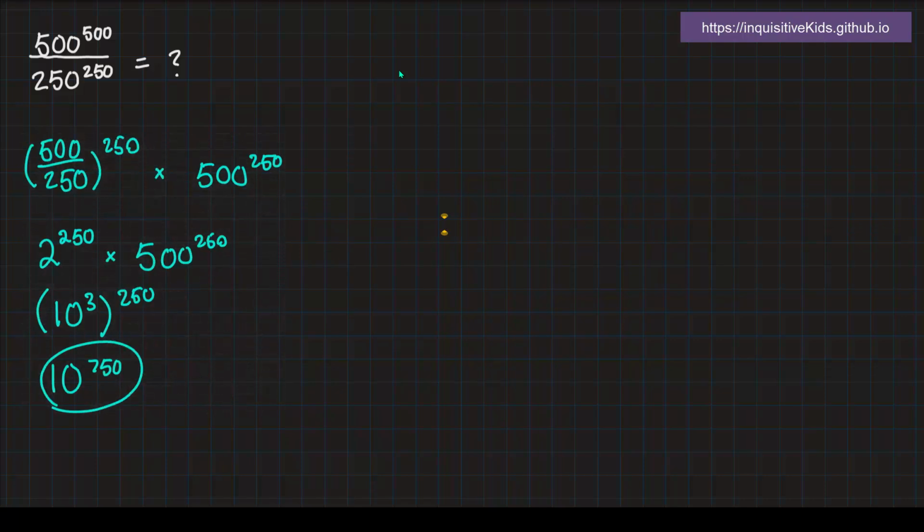I saw that this was a fraction. One way to simplify fractions is to make it a simpler fraction. So I wanted to see if there were any common factors on both the top and bottom that I could get rid of. And it turns out there was.